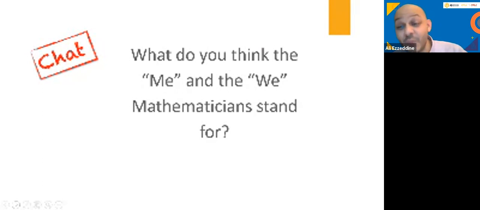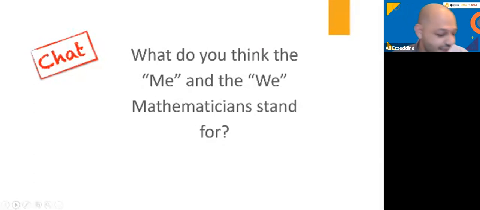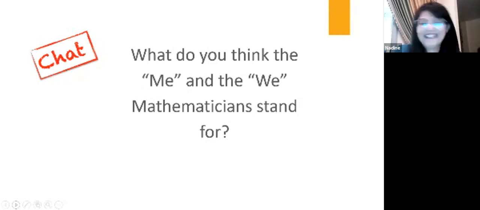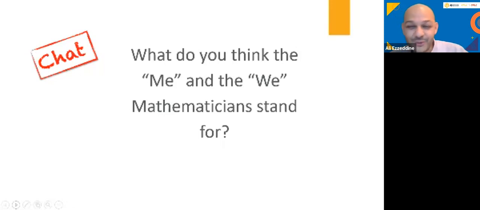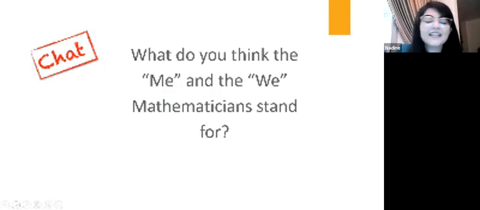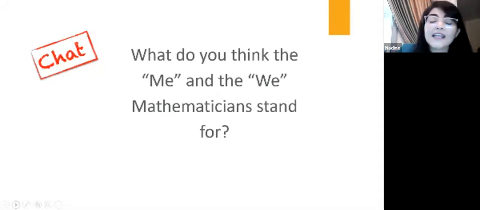Me must become we. How we can learn together. Reverse the M, it becomes the W. So this is a kind of playing with the words. Yes, so those are the mathematicians thinking outside the box, Nadine. So you have experts today. I agree with you. I really like the level of thinking, Ali, and the reflection that's happening.